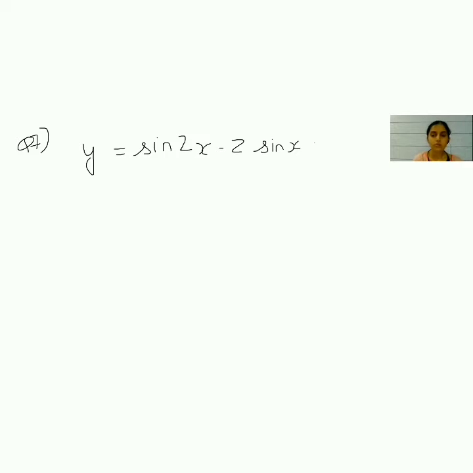Okay, so you have to find all the points on the curve, or x coordinates of the curve. Now when you have to do such a thing, you have to find out the derivative of y, because dy by dx will give you the slope of that curve.